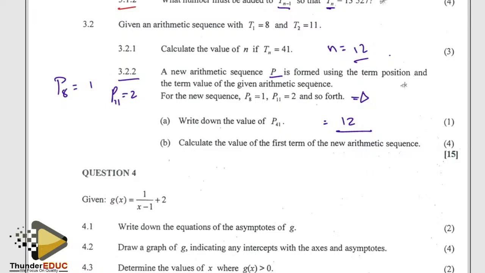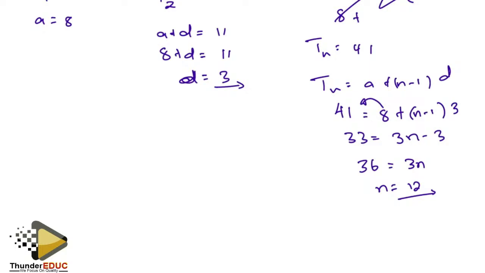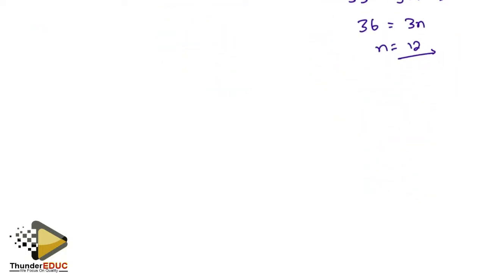Okay, then part B, calculate the value of the first term of the new arithmetic sequence. So what we do with this, just try to go through just the same sort of process. What do they want? They want the first term. So I will go down and say that instead of using Tn, I'll just call it Pn.